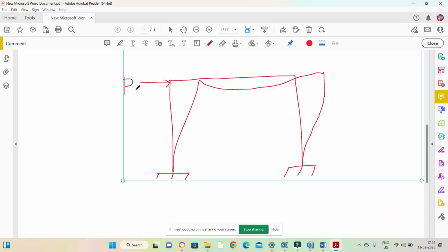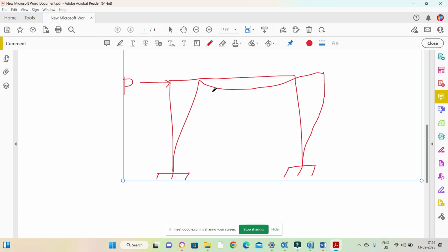So when the load is applied, the structure is going to deform, and as you keep on increasing the load, either in terms of force or in terms of displacement, finally it is going to collapse or fail. Now the whole structure is not going to fail. The failure will occur at a particular location where the moment is maximum.